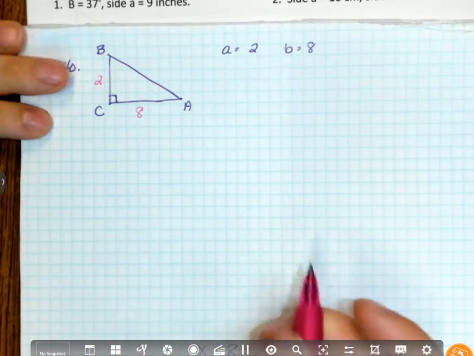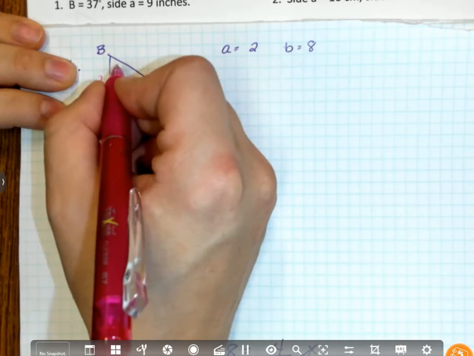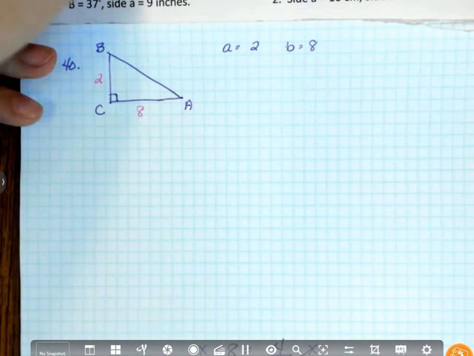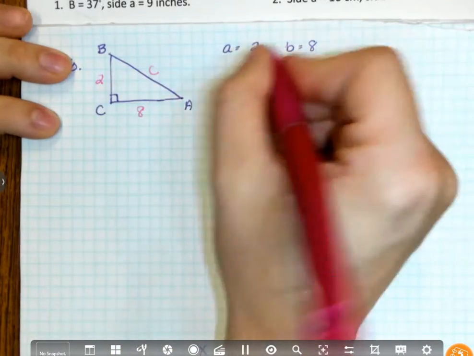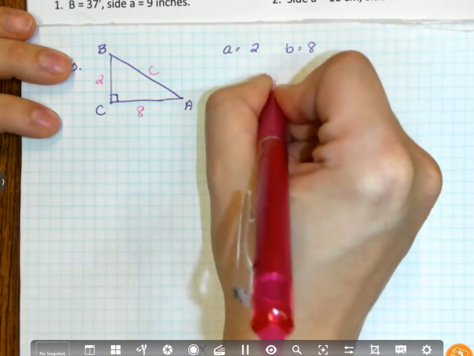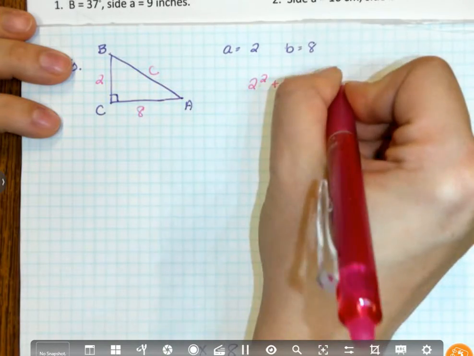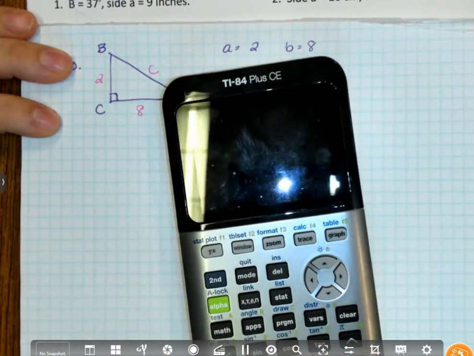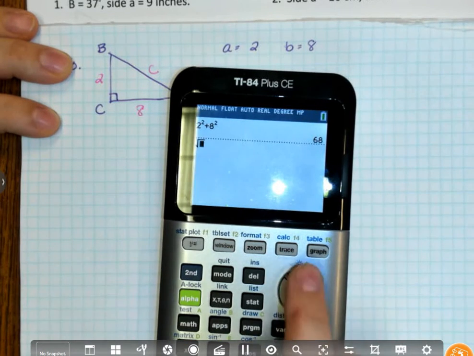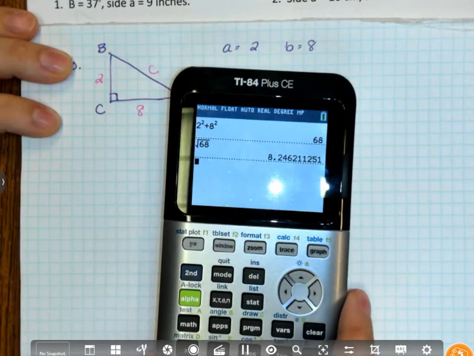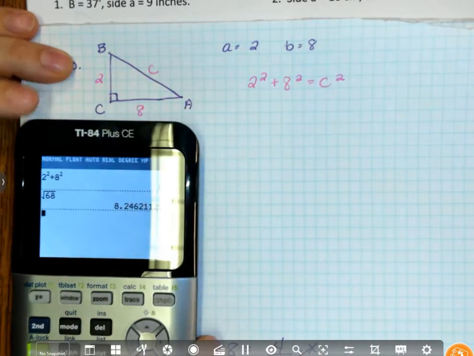I'm lazy. So all I'm going to do is I need to find, or does it? I can't see. It does say find C. Sorry. Okay. So I would do 2 squared plus 8 squared equals C squared. Hola, calculator. 2 squared plus 8 squared. And then I'm going to do the square root of that, because we're allowed to use our calculator here, so it's no problem.